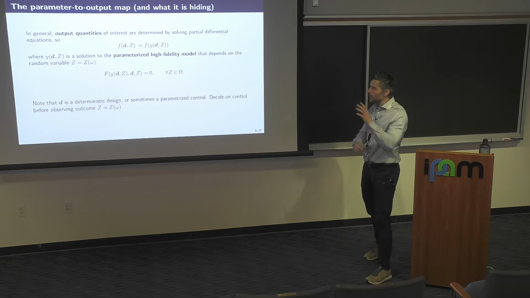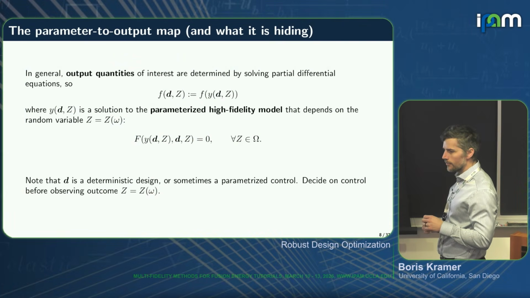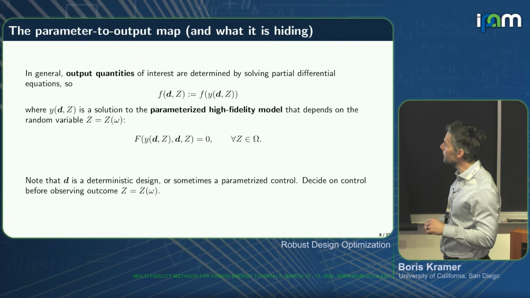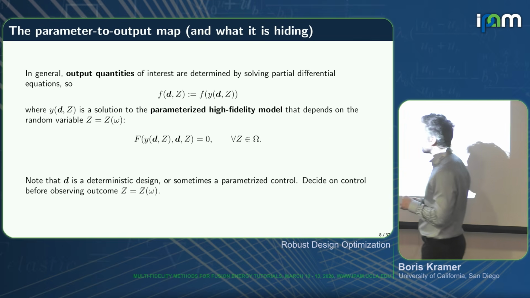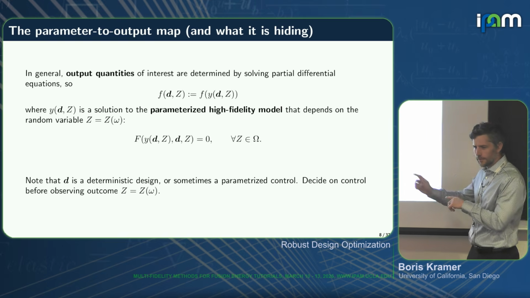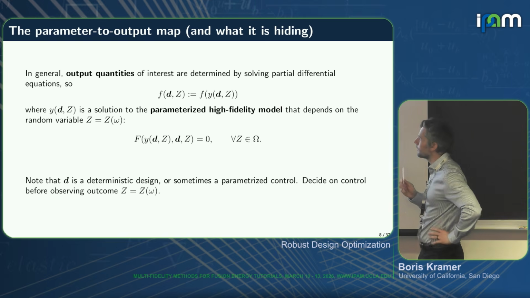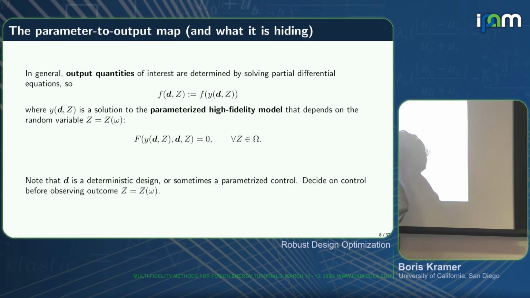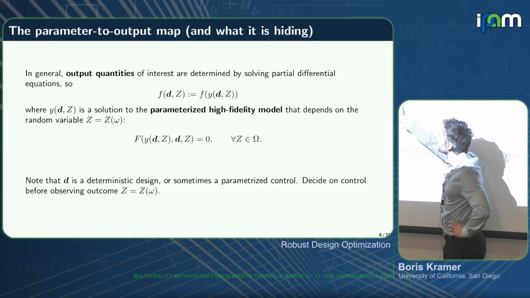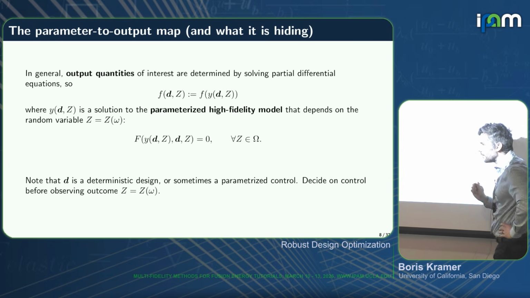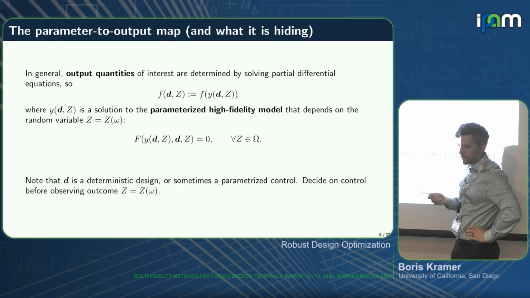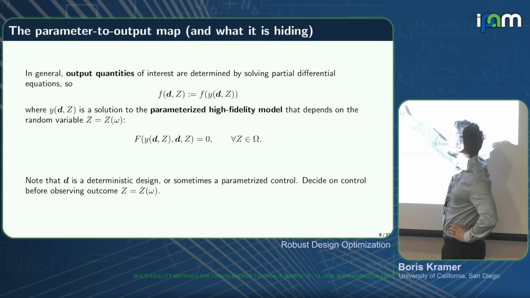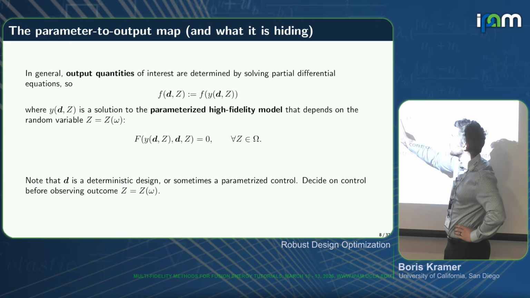The one thing I've been fully hiding here is that everyone's been talking about solving differential equations, whether ordinary or partial. I do want to highlight that our cost functions look very simple, and this is actually one of the reasons we need multi-fidelity methods. If I write down a cost or a quantity of interest of a design in a random variable, it really means I chose a design. For example, I choose a material for my tokamak wall, and I have randomness associated with it.